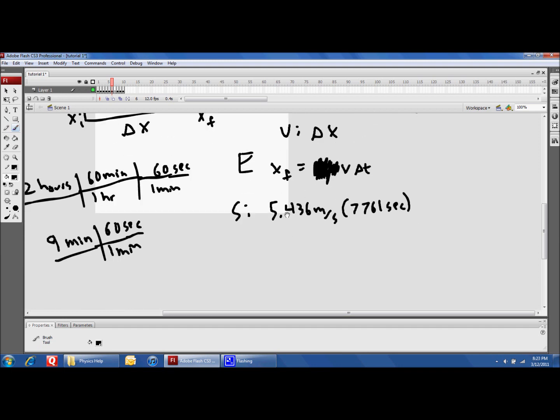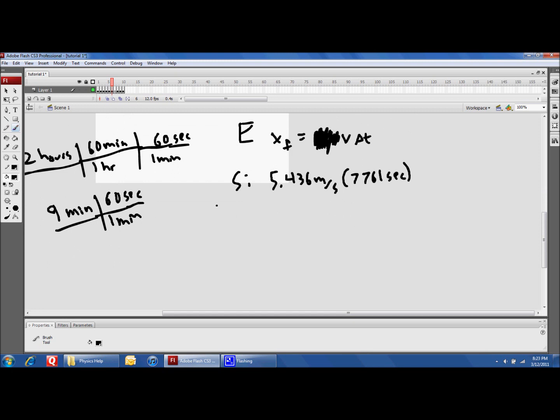And so you multiply those together, and what you get will not match the thing that they have as the solution, because next to the problem it should have the answer for most of your questions. And the answer that they have is 4.22 times 10 to the 4th meters.